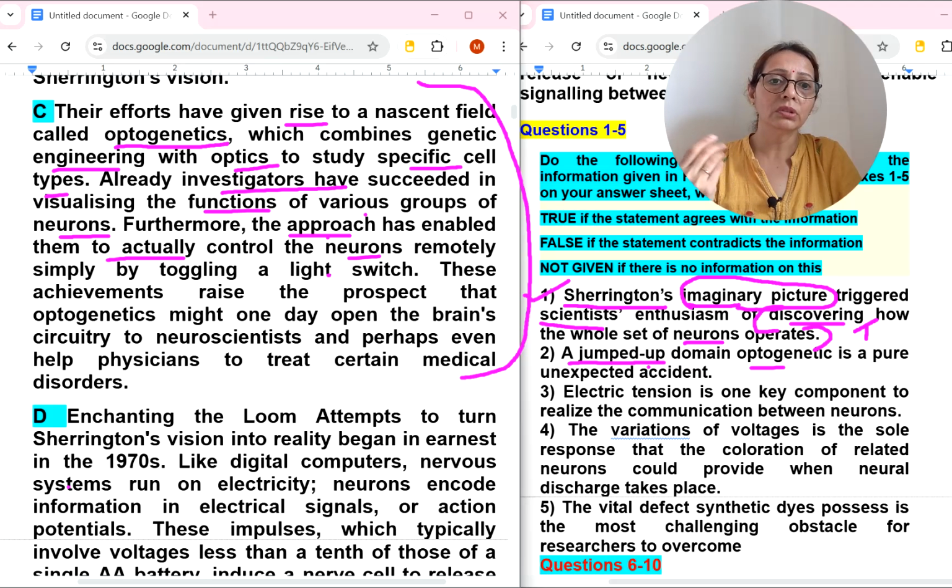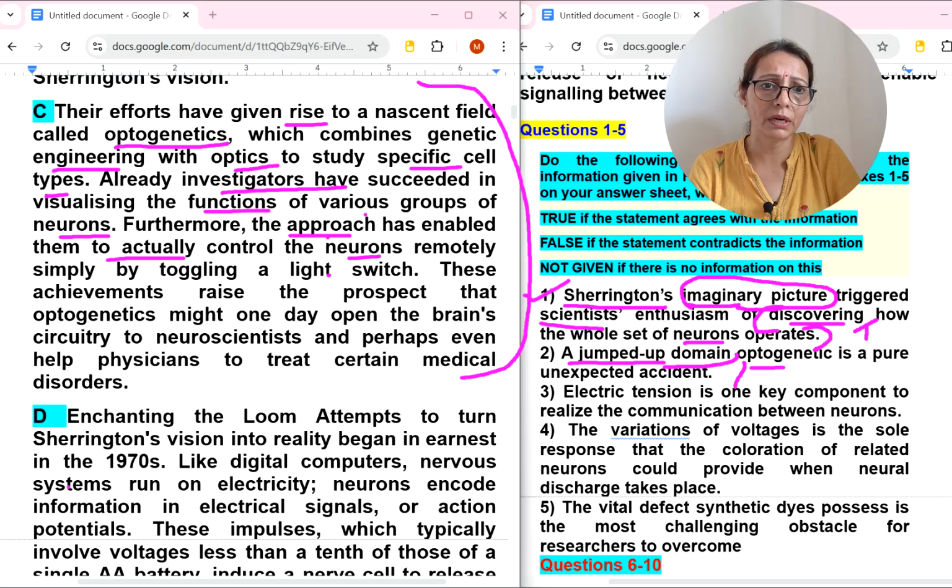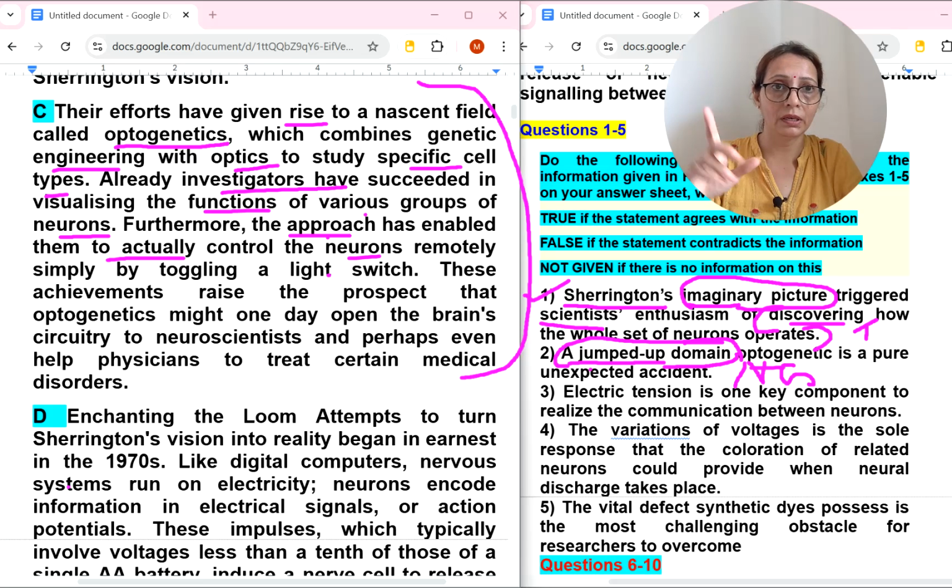The writer can use paraphrasing or synonyms of jumped up domain, so maybe some definition is there, but here in paragraph C it is not there. So till now I will mark it not given, because the main important thing I couldn't find in this paragraph. But if in another paragraph we can find this word, then definitely we will consider it again.